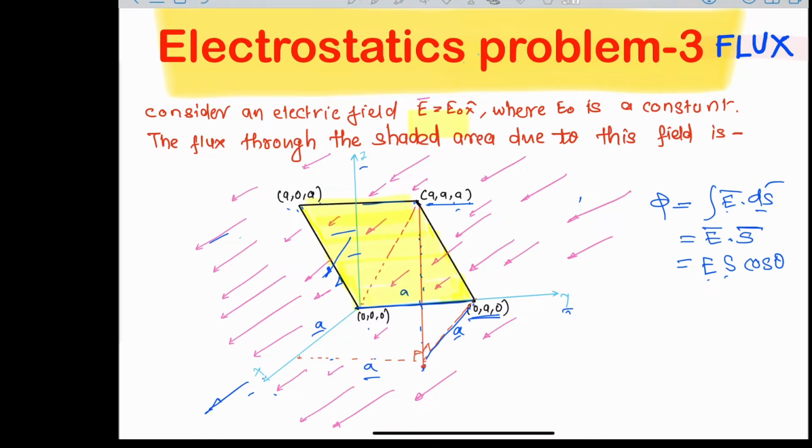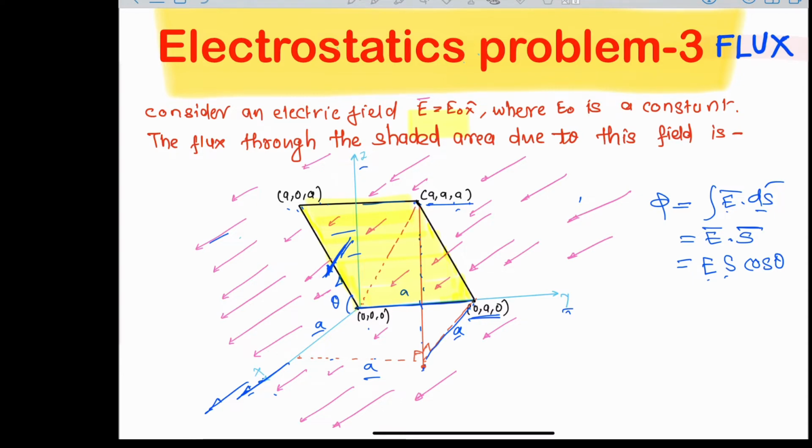If I draw this perpendicular, the angle between the area vector and the x-axis will be the same as this angle, since it is perpendicular to the surface. So we just have to find theta.